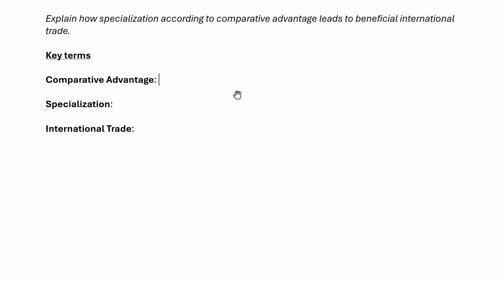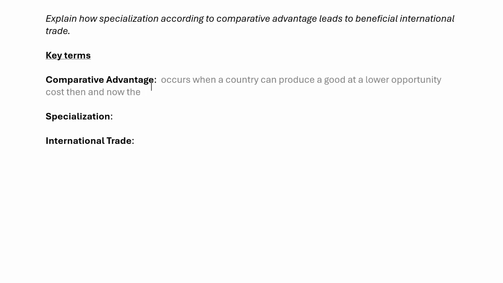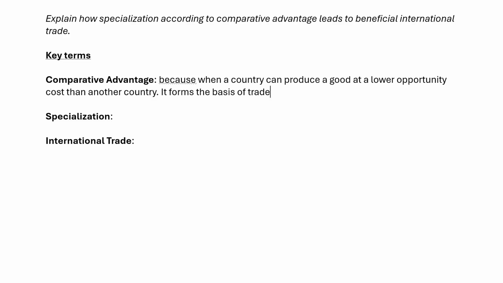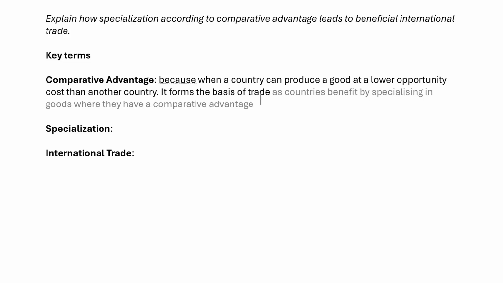So the first one, comparative advantage, occurs when a country can produce a good at a lower opportunity cost than another country. It forms the basis of trade, as countries benefit by specializing in goods where they have a comparative advantage and trading for goods where they have a comparative disadvantage.